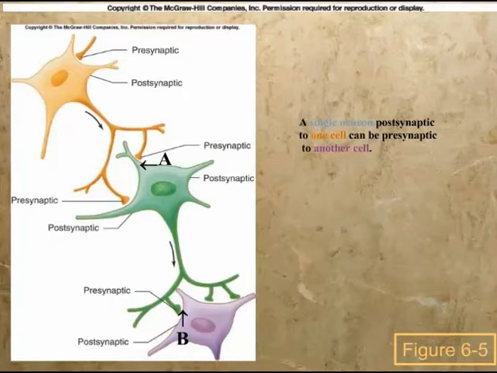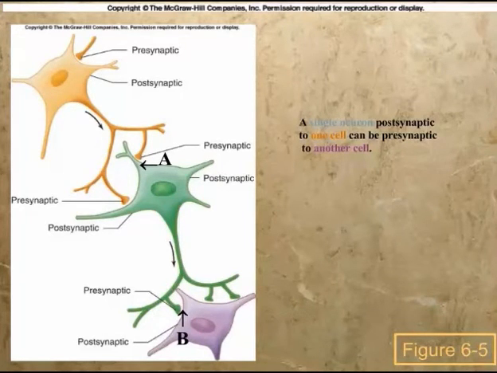If you looked at synapse A and were asked which neuron was the presynaptic neuron relative to this specific synapse, you would hopefully say that the brown neuron is the presynaptic neuron, which it is. The axon terminal from the brown neuron would be the one releasing neurotransmitter into the synaptic cleft here, and thus it's the presynaptic neuron when you're referring to this specific synapse.